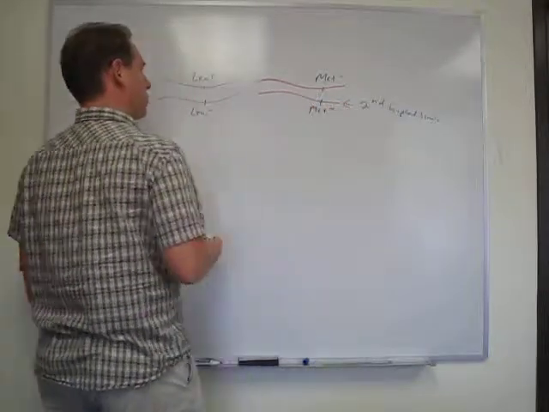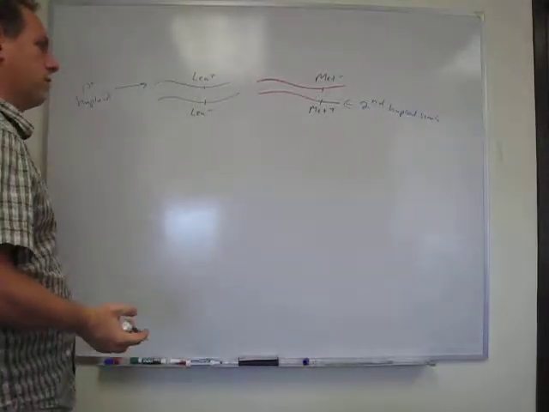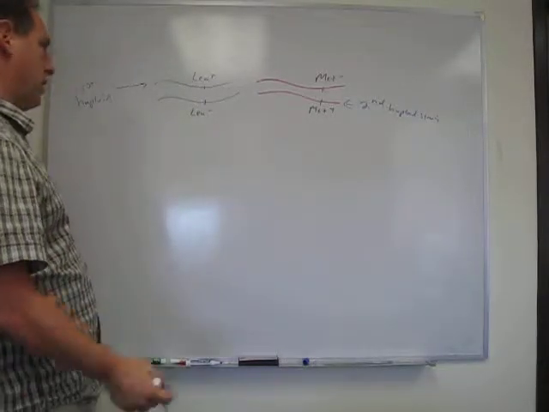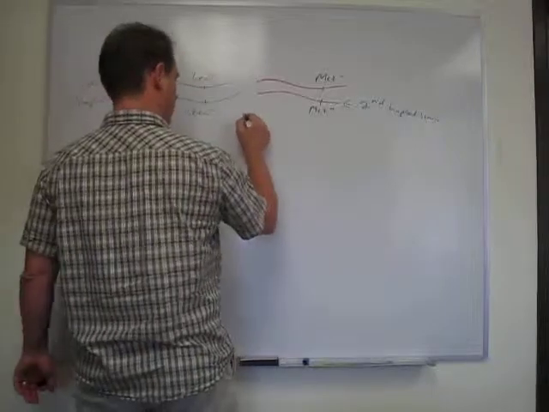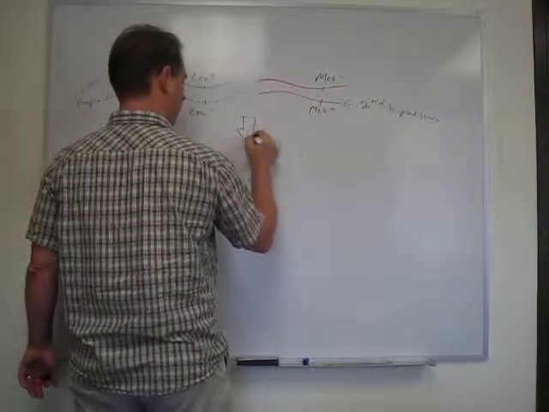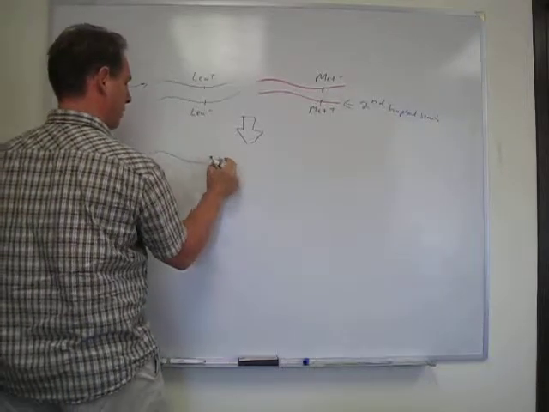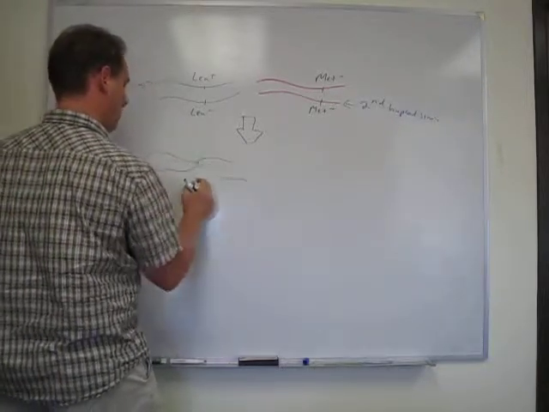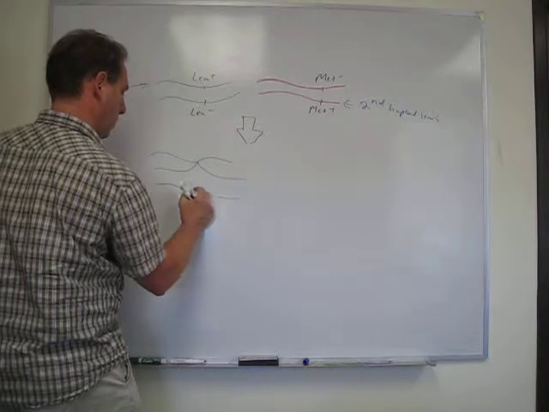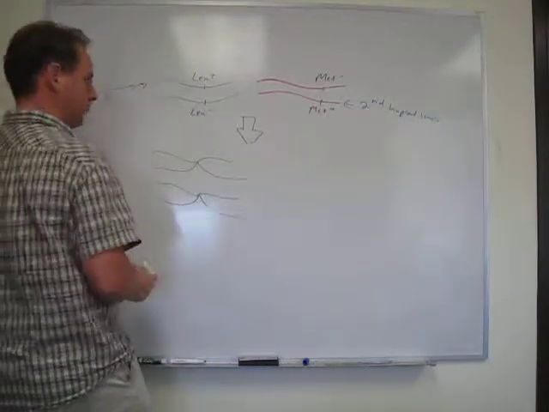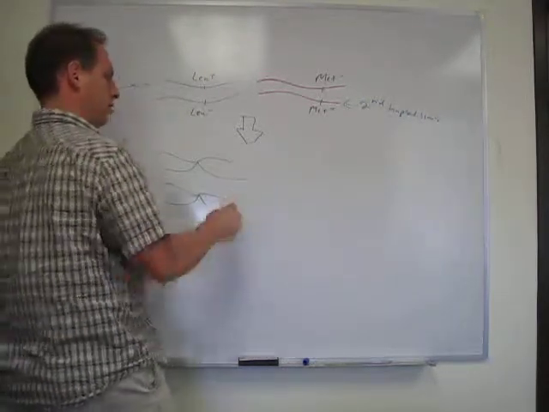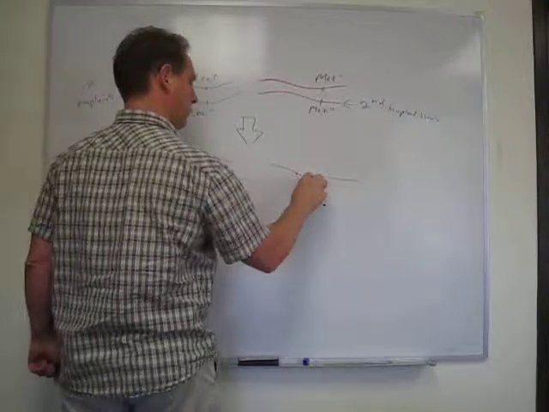So you've made a diploid and you're about ready to undergo meiosis. How does meiosis proceed? Well, the first thing you do is replicate your chromosomes, so you make chromosomes that look like this, with the sister chromatids, and your other set of chromosomes that look like this.